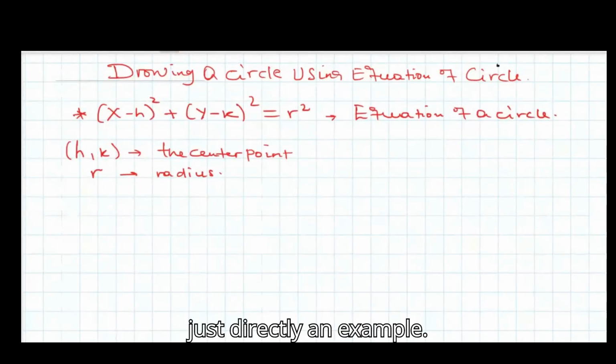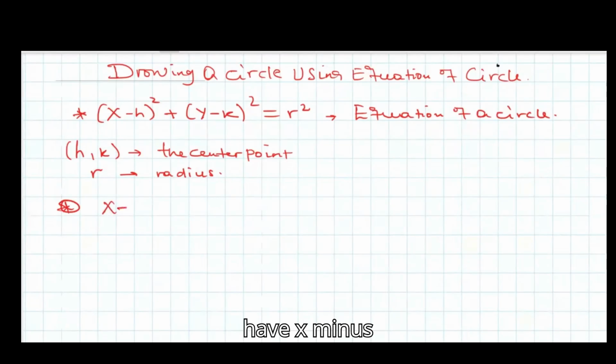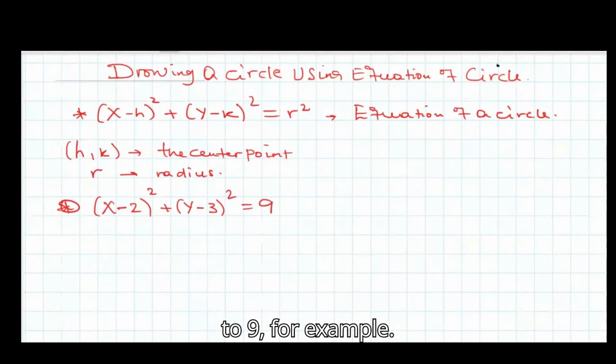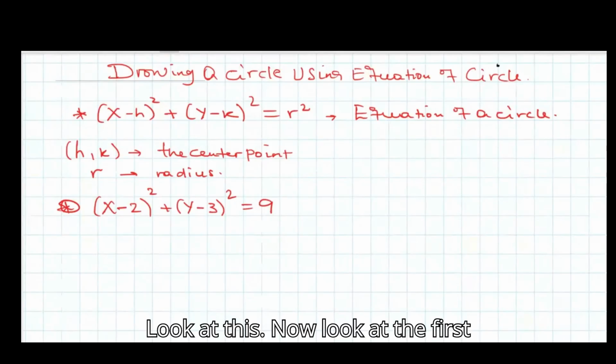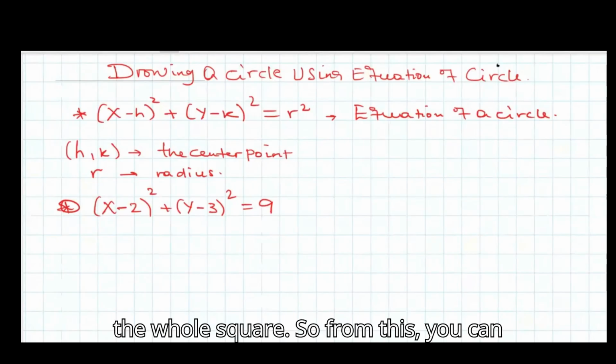So let's see an example directly. Let's say you have (x - 2)^2 + (y - 3)^2 = 9, for example. Look at the first part, (x - 2)^2, (y - 3)^2.